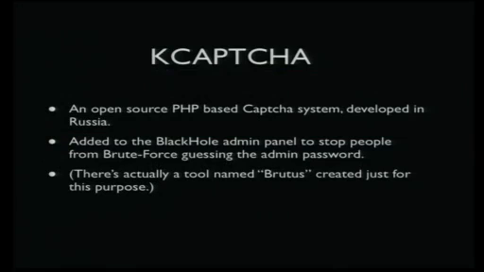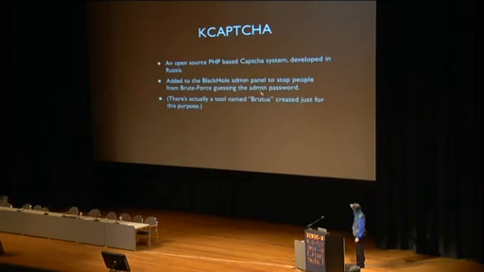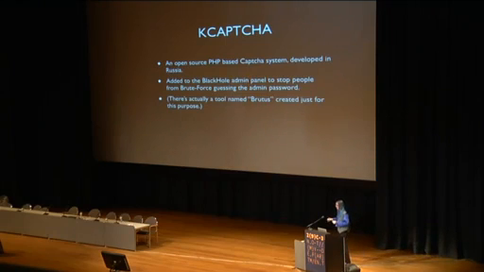And the other big new feature in version 2, which isn't really all that different from version 1.25, was pretty much adding a captcha system, because it turns out there's actually a tool created just for brute forcing the admin password on Blackhole exploit kits.